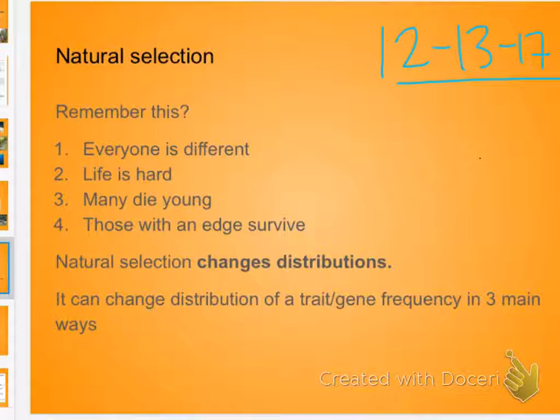If every single organism that's born survives and reproduces and passes on its genes, there's no natural selection. Because then there's no edge to be had. Because when it's happening, natural selection changes distributions. It forces evolution. That's what we've been talking about.